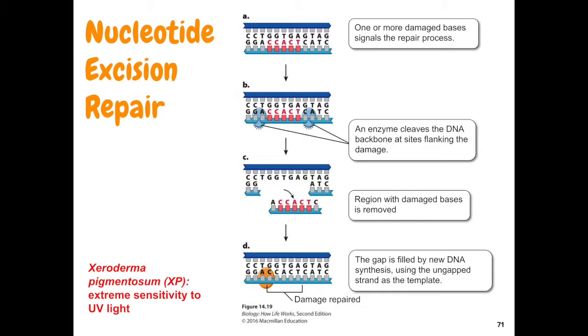Someone with XP has extreme sensitivity to UV light, and they are typically not able to go outside, and if they do go outside to be in the sunlight, they have to wear lots of sunscreen to protect their skin because of those thymine dimers that form, and thymine dimers are being repaired by nucleotide excision repair.